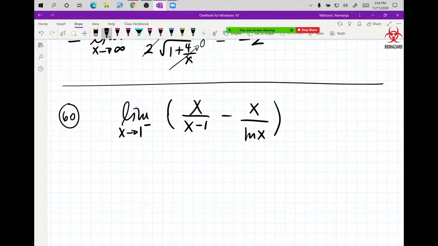Is this infinity minus infinity? So problem 60. What do we have? We have 1 over 0 minus 1 over 0. That is infinity minus infinity. Remember, when you plug in 1 over here, you get 1 minus 1, and that's a 0.